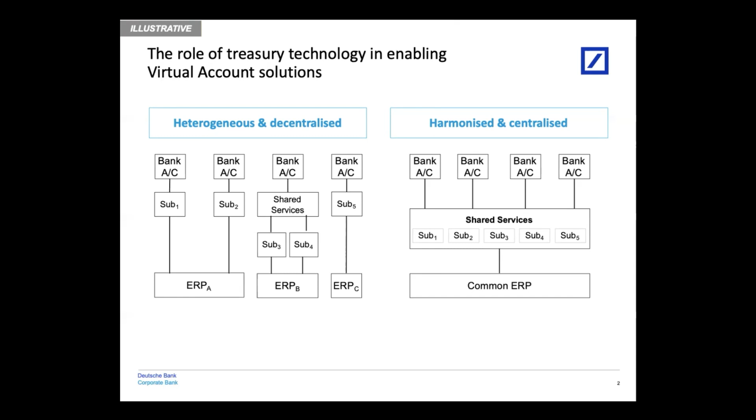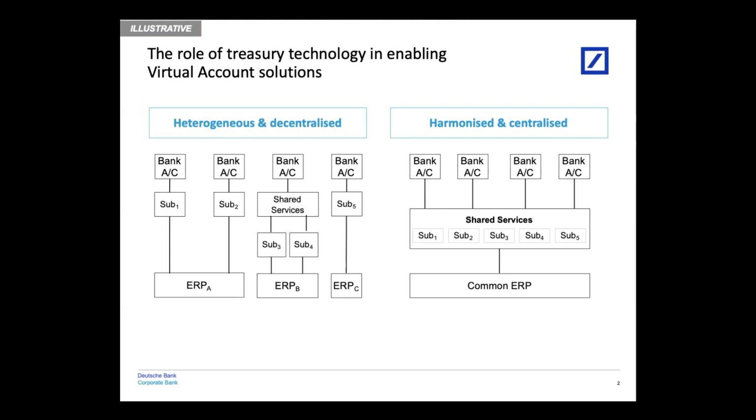By comparison, if we look at the right-hand side, and honestly speaking, this is not a common structure, but we do see that this is in place with an increasing number of corporates, where cash management activities are handled by a shared service function for many subsidiaries, for as many as possible, in fact, using a common ERP. Now, this can obviously facilitate the implementation of a virtual account structure immensely, yet we find this to be, as I said earlier, still to be more the exception than the norm.